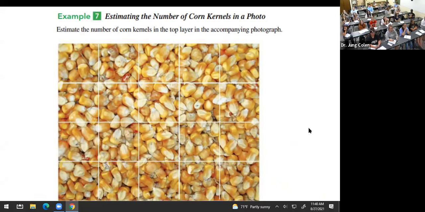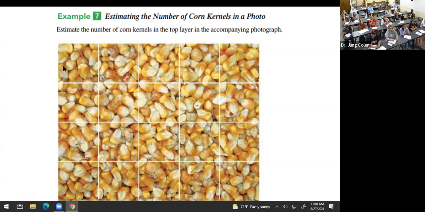Put it within 1 square and then multiply by how many squares there are. Yeah, I like that idea. That's why I put the grid there too. So you can make small grids, and approximately the same number of corn kernels are in each square. So I can count about how many there are and multiply that by, 5 times 20, right?